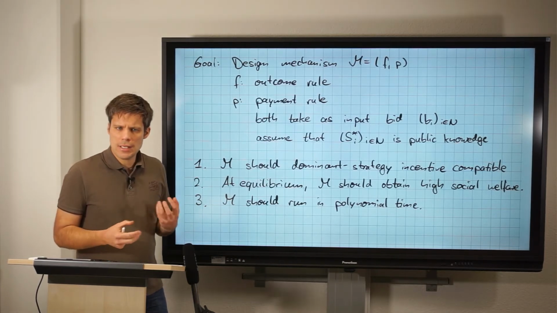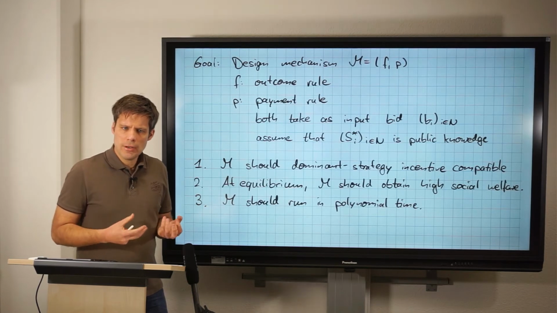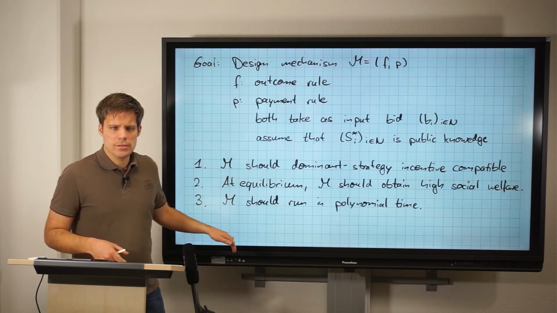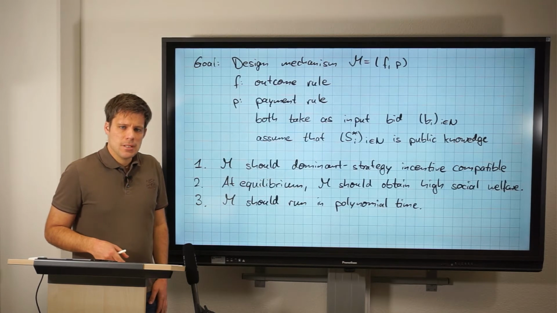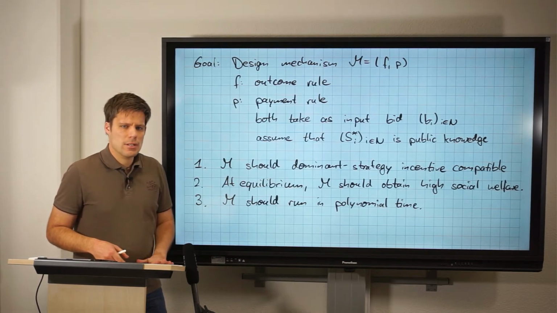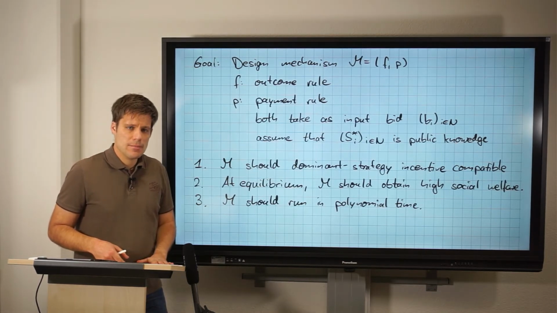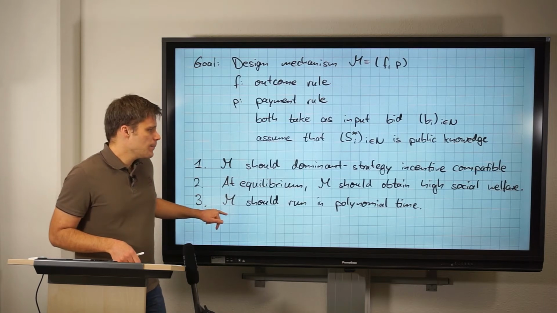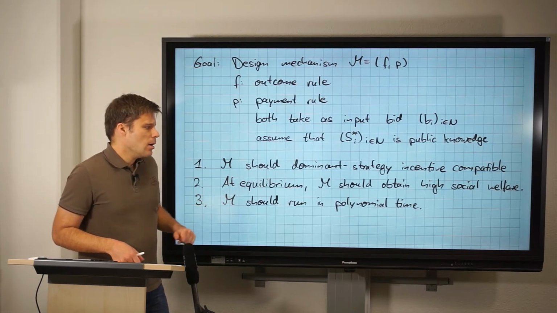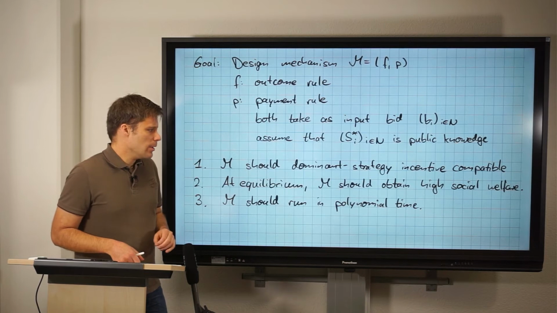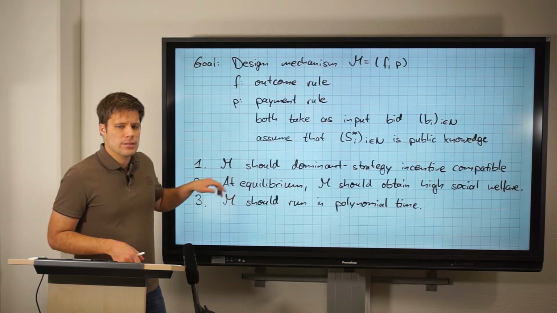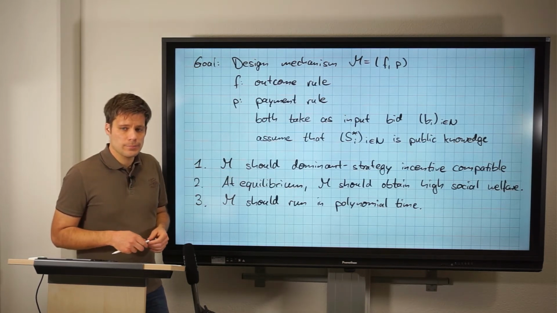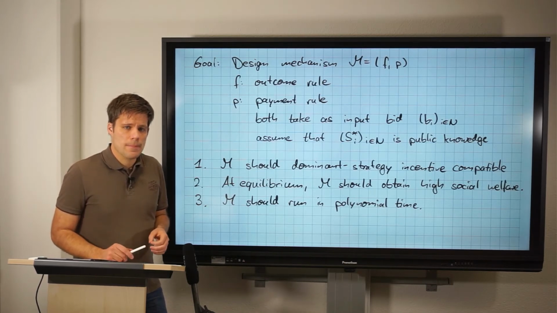You could still ask other questions, like if you wanted to allow exponential time, but we are restricting ourselves to polynomial time algorithms here, and this will actually be our first insight now, that within polynomial time we cannot obtain optimal social welfare regardless of whether we are dominant strategy incentive compatible or not.